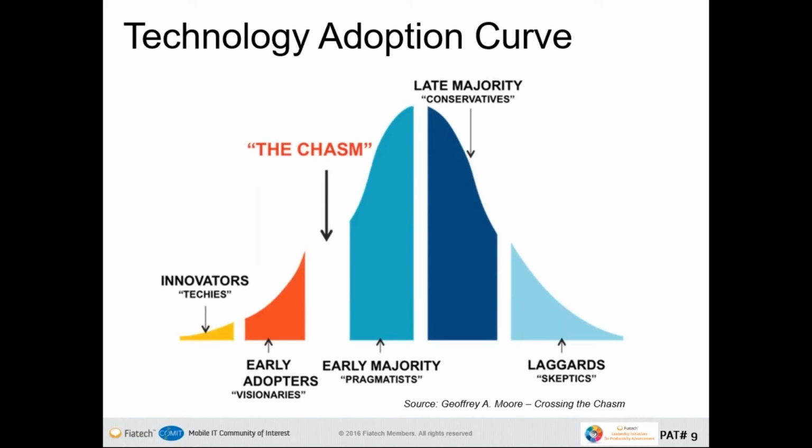Now the chasm, which really is the crossover from the early adopters into the early and late majority, is actually the most difficult thing to do. This is really taking both the technology and the application and bringing it into mainstream, meaning that it really becomes a standard practice piece of work that everyone starts using, and it becomes daily practice.